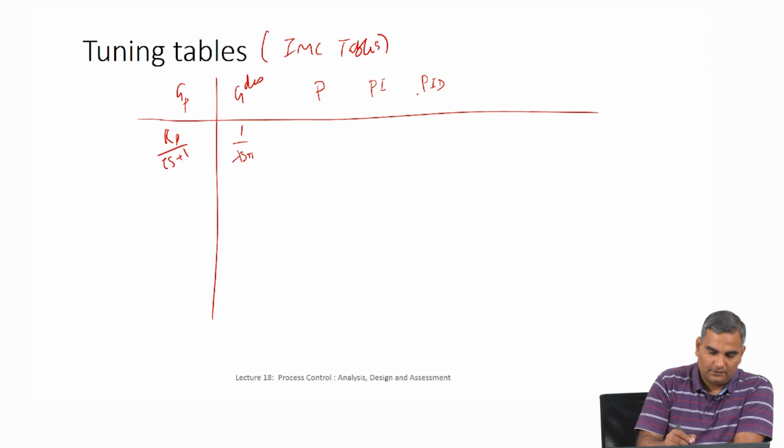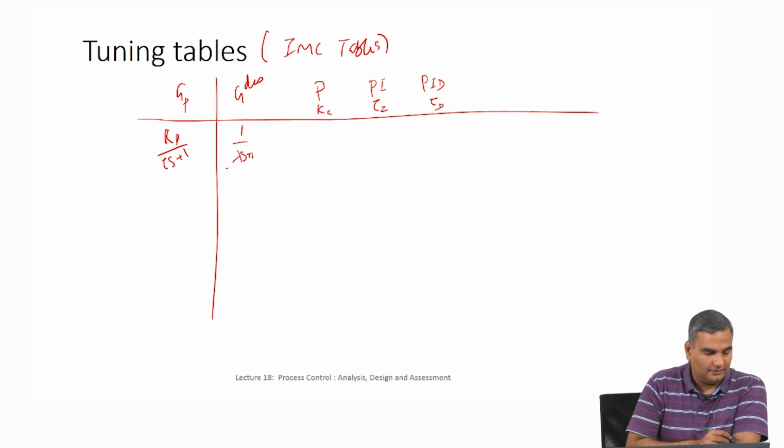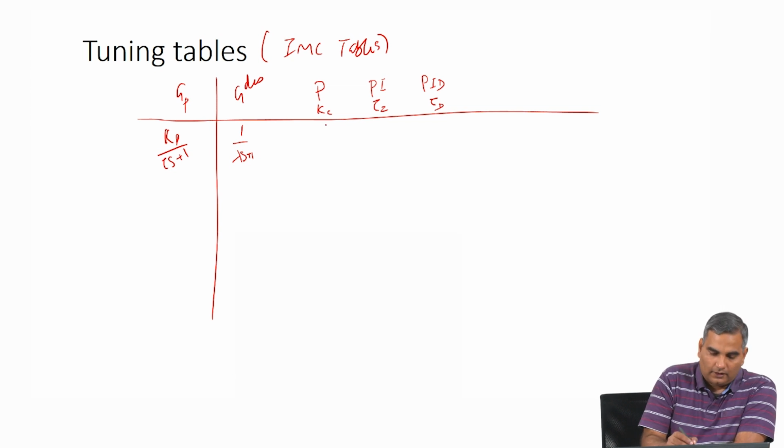So, the P controller term will be Kc, this will be tau I, and this will be tau D, and in this case if I have this, then the P term is going to be a function of this Kp, tau and lambda. The lambda will also come in because lambda is in the desired transfer function. So, this is going to be tau p by Kp lambda.